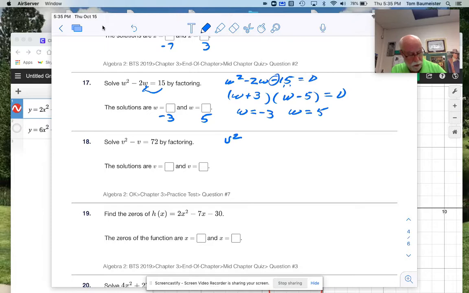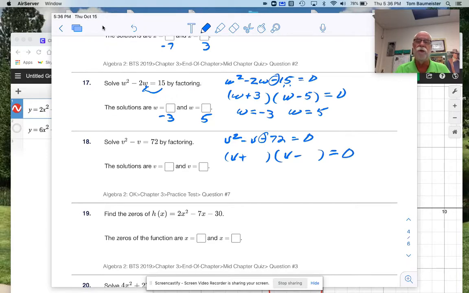So I'm going to move that 72 over. So that'll give me a minus 72 is equal to 0. I have that minus there. So that means one's positive, one's negative.